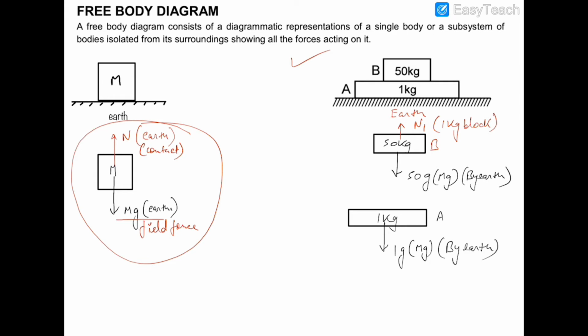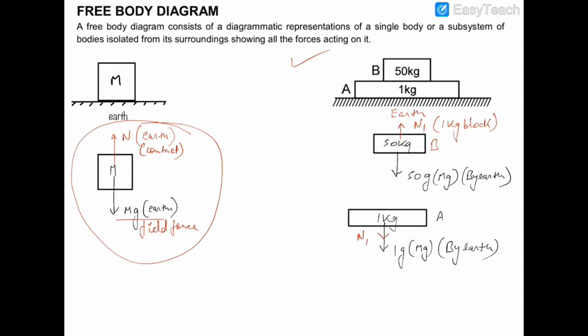Now we cannot ignore the fact that the 50 kg block is experiencing a normal reaction force N1 due to the 1 kg block in the upward direction. So that 50 kg block will also apply the same amount of force on the 1 kg block in the downward direction, as every action has an equal and opposite reaction. So this N1 will also act in the downward direction on the 1 kg block.